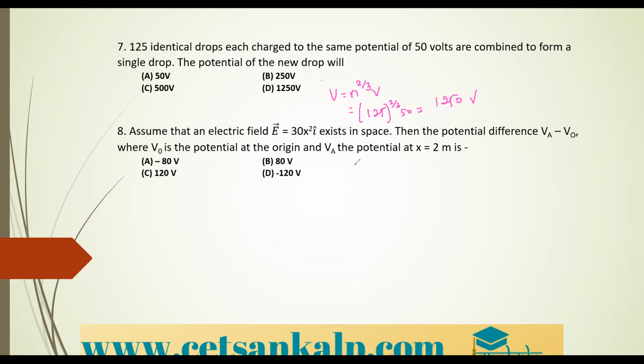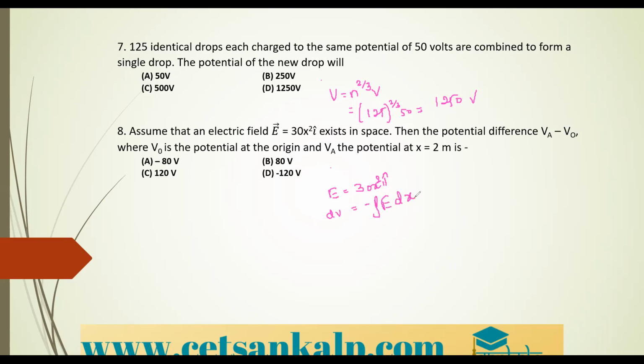So how we can simplify this question is, E is equal to 30 into x square into i cap. We know the relation between potential and the field, that is dV is equal to minus integration of E into dx.